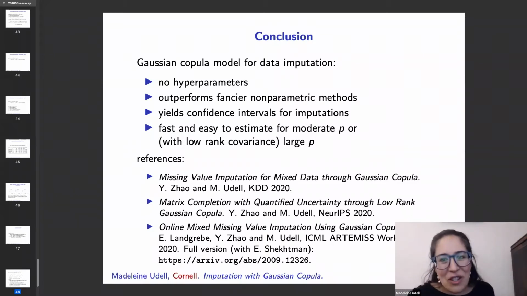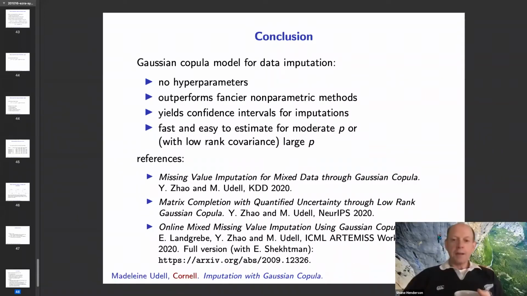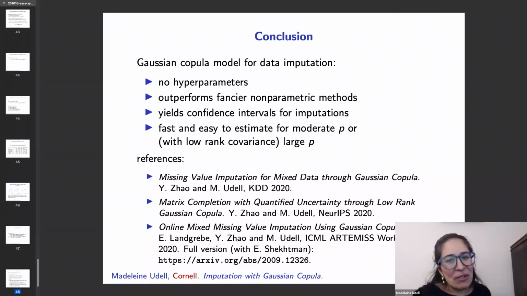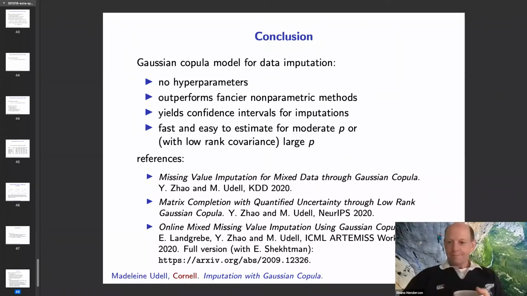Is the marginal transformation at the end of the mixture of Gaussians, or does each element of the mixture have its own marginal transformation? If each element of the mixture has its own marginal transformation, I'm not even sure the model's identifiable. I think it's hopeless then. But it's such an approximate structure for the joint distribution anyway. Maybe you pick the thing that makes the most sense mathematically. Yeah, you pick the one that you can do, and then you see how well it works.